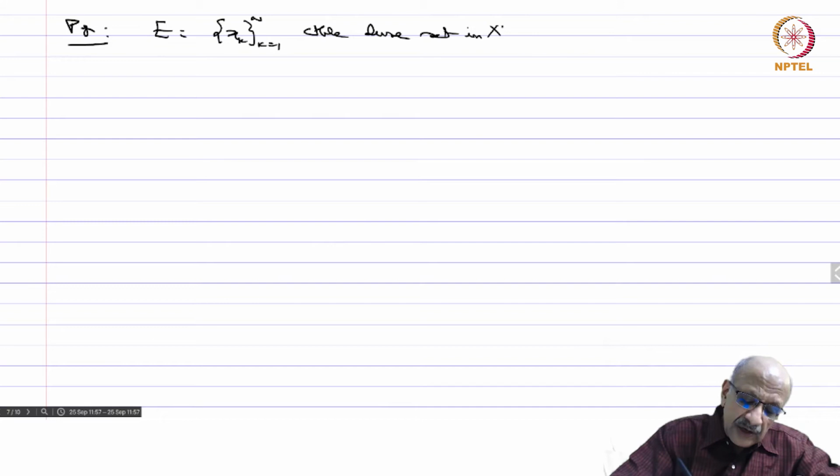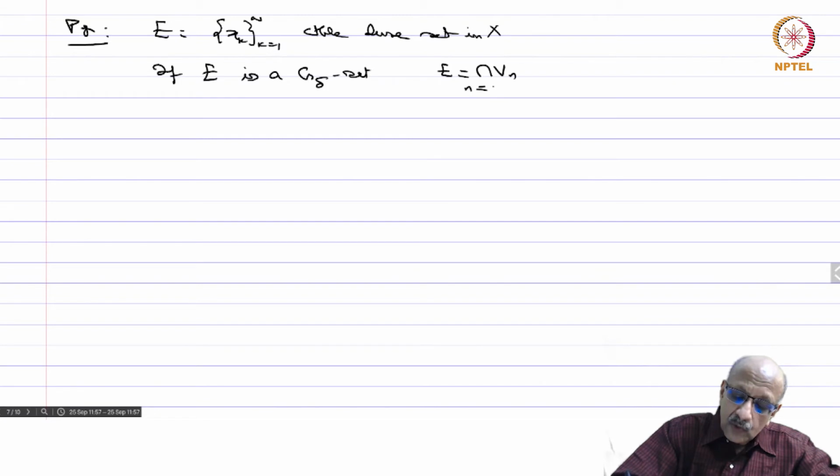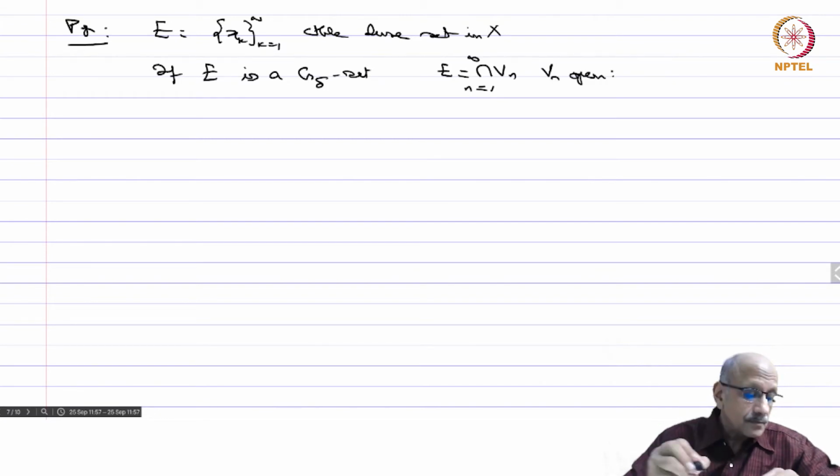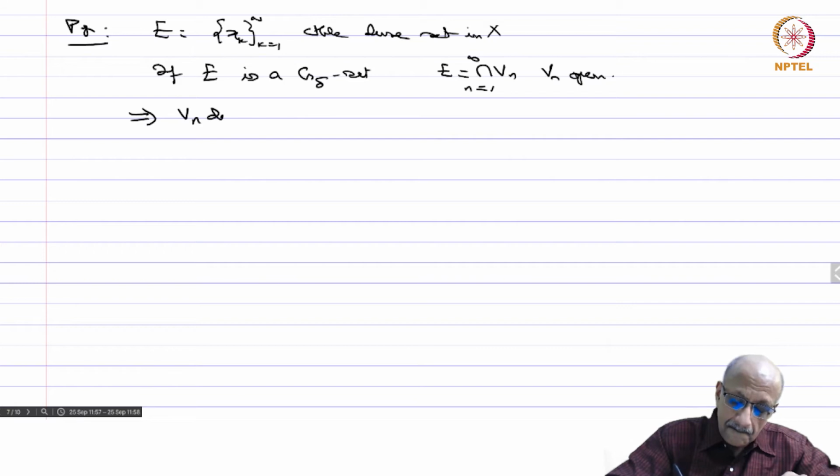If E is a G delta, then E can be written as the intersection of V_n, n equals 1 to infinity, V_n open. And then obviously V_n is also dense because it's bigger than a dense set.